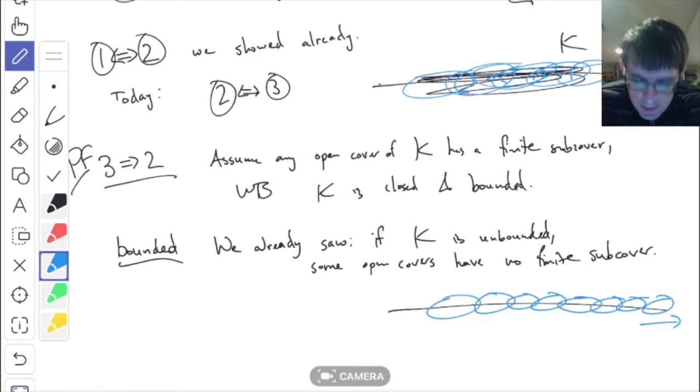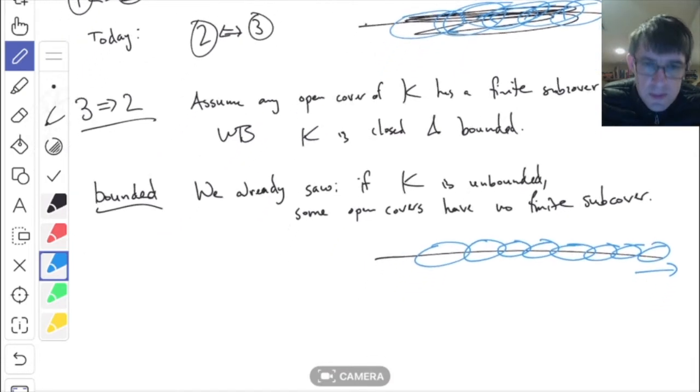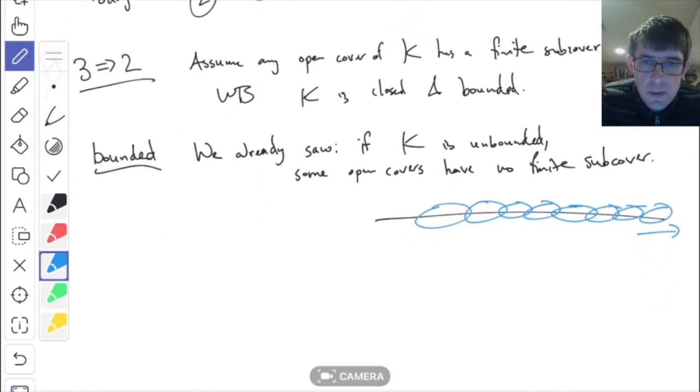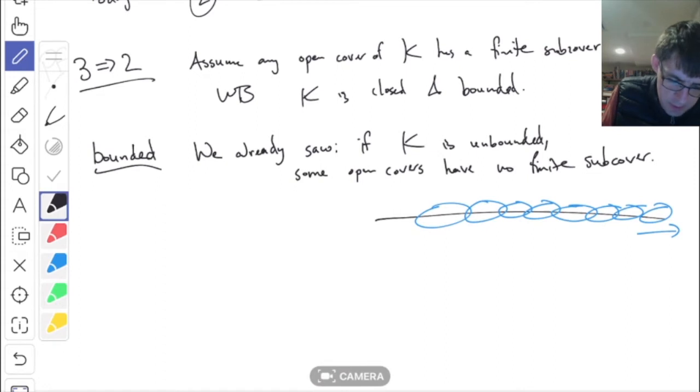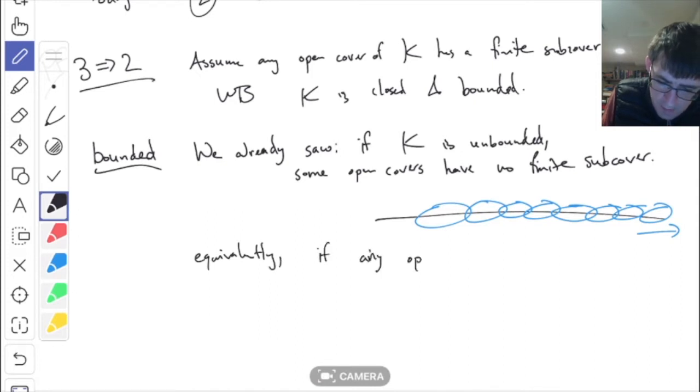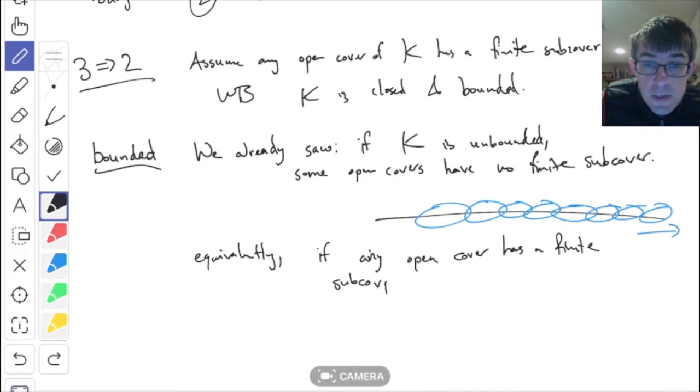The contrapositive of that, if you say this the other way around, is equivalently: if any open cover has a finite subcover, then K is bounded. I'm saying the contrapositive, that is, P implies Q, the contrapositive is not Q implies not P, and they are equivalent.